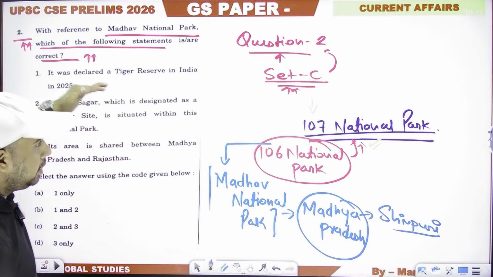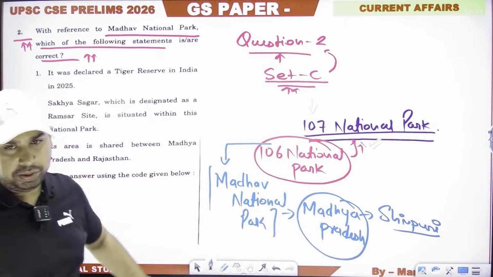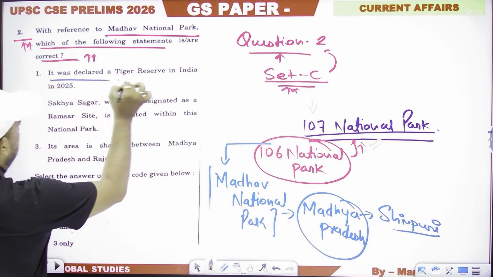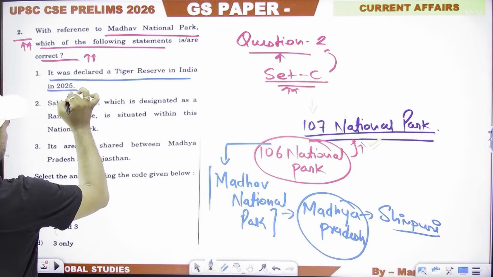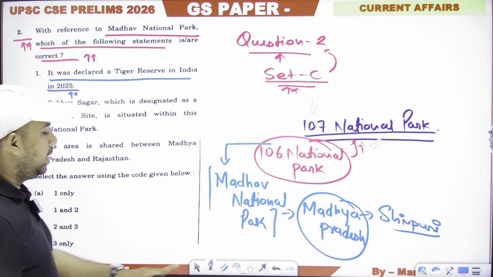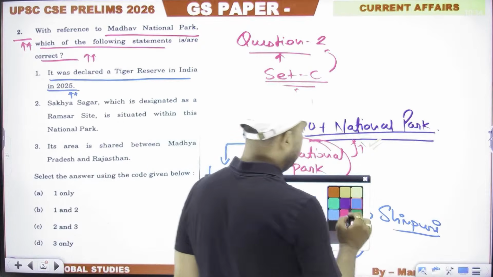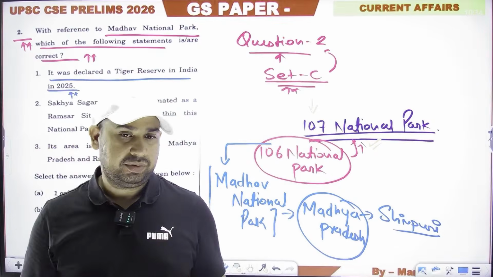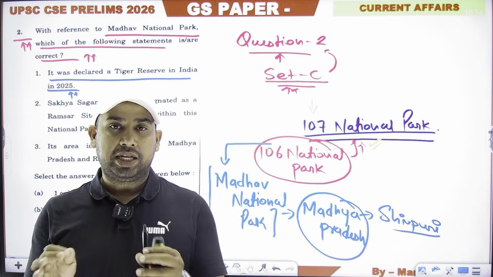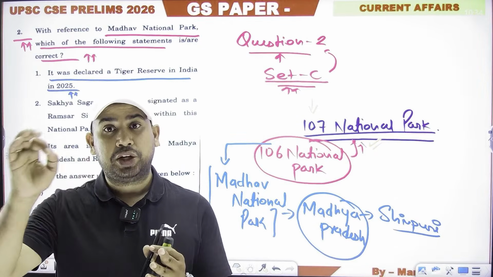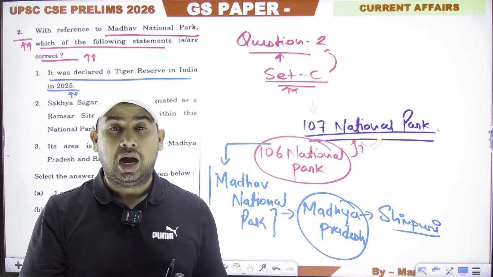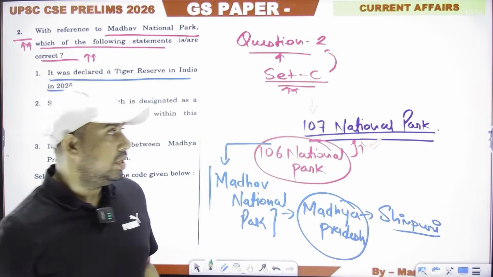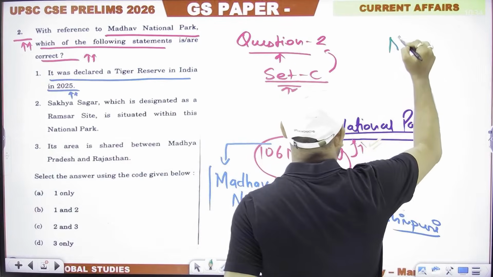Now they are asking three statements based on Madhav National Park. The first statement says it was declared a tiger reserve in India in 2025. What is a tiger reserve? A tiger reserve is a place where special protection is given to tigers under Project Tiger, and a body named NTCA is used to govern this place.